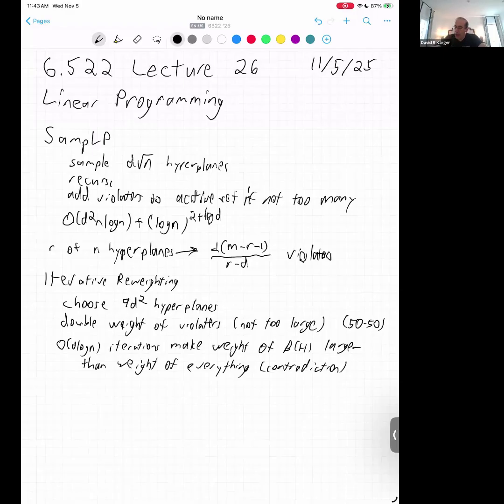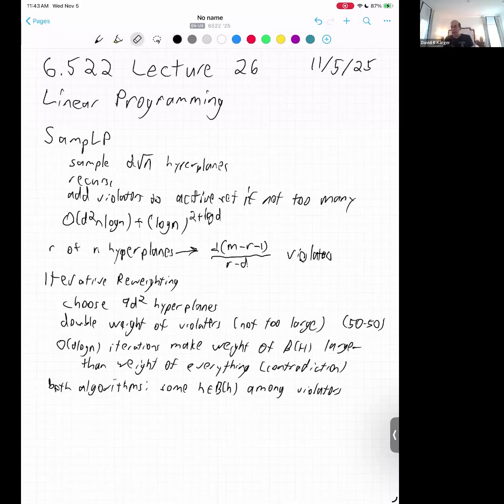And the reason both of these work is that both algorithms rely on the idea that some optimum hyperplane is always among the violators.